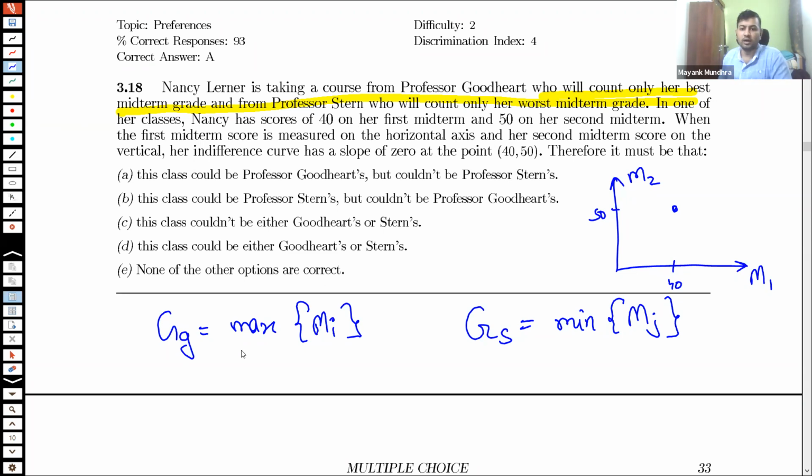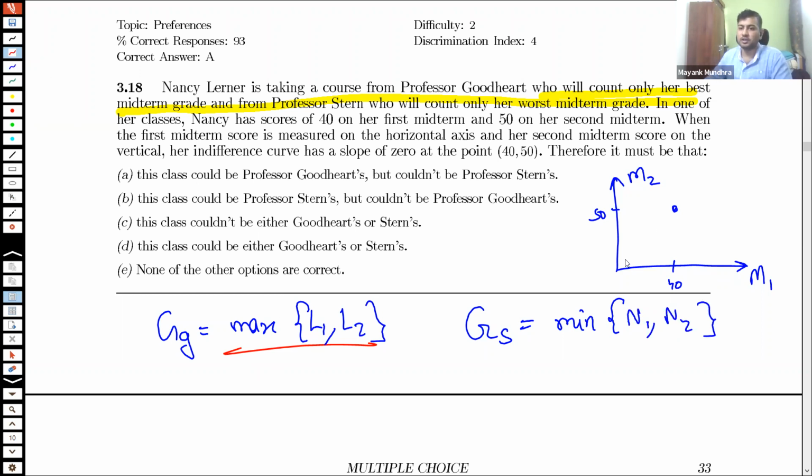So first let's draw both these indifference curves. Let me say this course is course L, so max of L1 comma L2, and this course is, let's say, course N, so min of N1 comma N2.